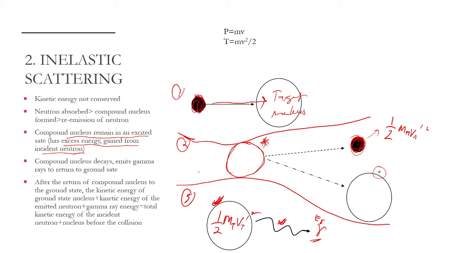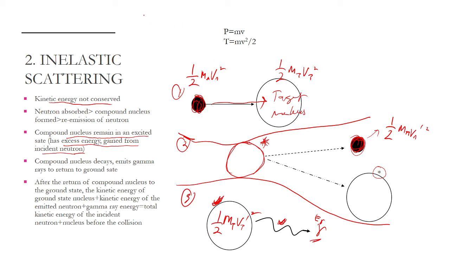So what is meant by kinetic energy not conserved is that if you show it mathematically, before the collision you have 1 over 2 m_n v_n square, and the target nucleus 1 over 2 m_t v_t square.